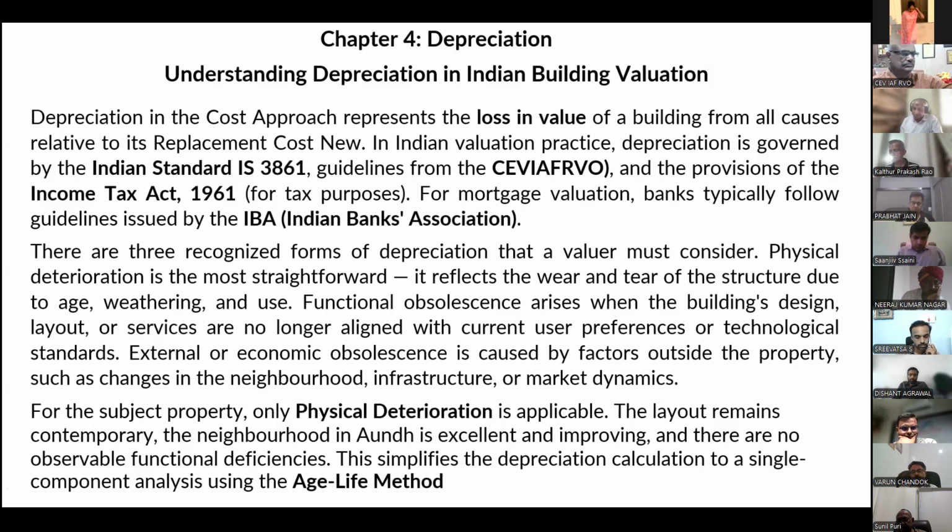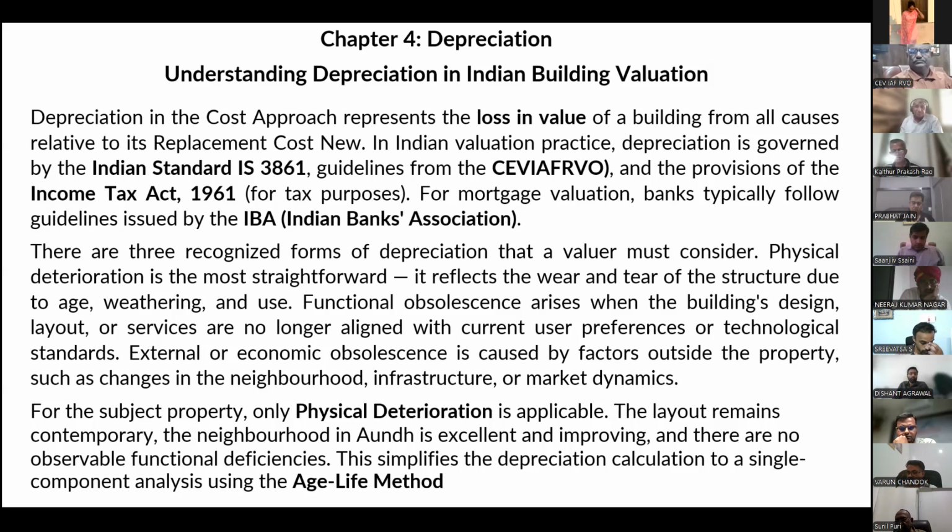Otherwise, if you see there is some economic obsolescence or functional obsolescence, you have to apply that also. So most of the times we are using only physical deterioration. We are not using these economic and functional obsolescence.